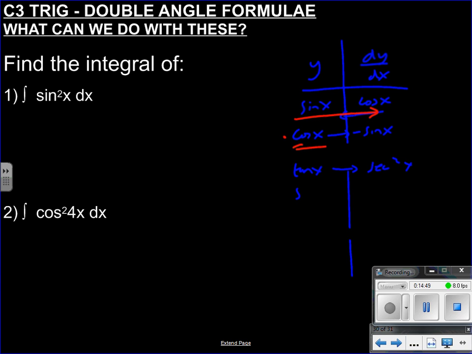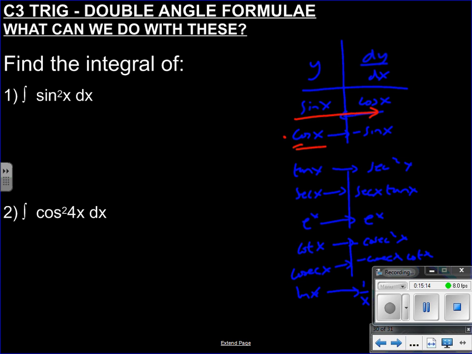Now, if I list all of our differentials which we know, and which we've proved in class now, we know e to the x goes to e to the x, we know cot x goes to minus cosec squared x, we know cosec x, because it begins with a co, goes to minus cosec x cot x. We know that ln x differentiates to 1 over x, okay, etc., etc.